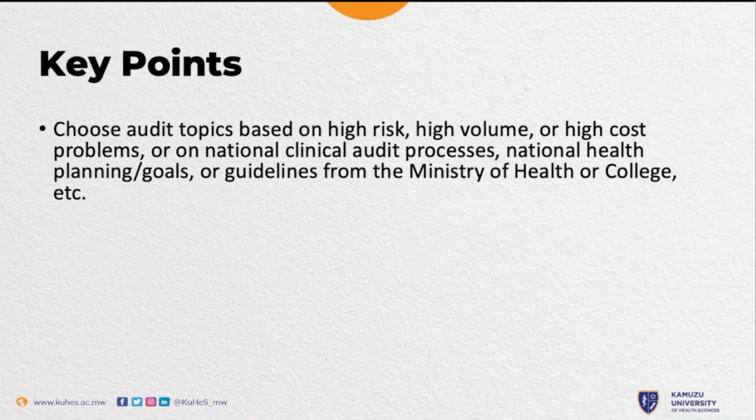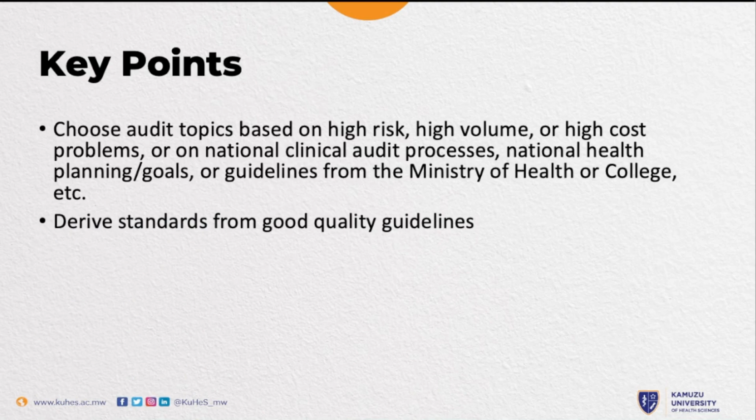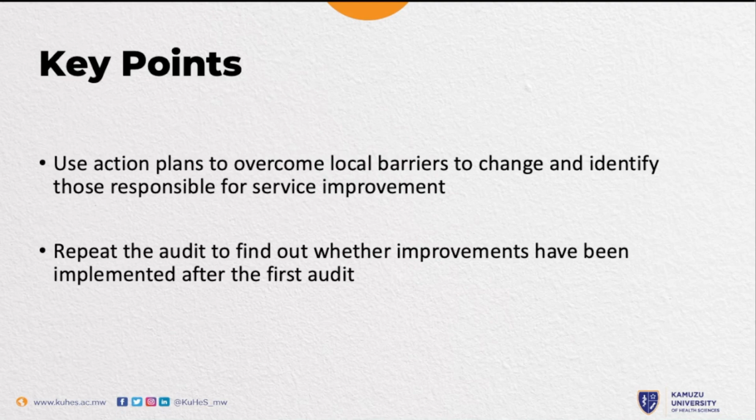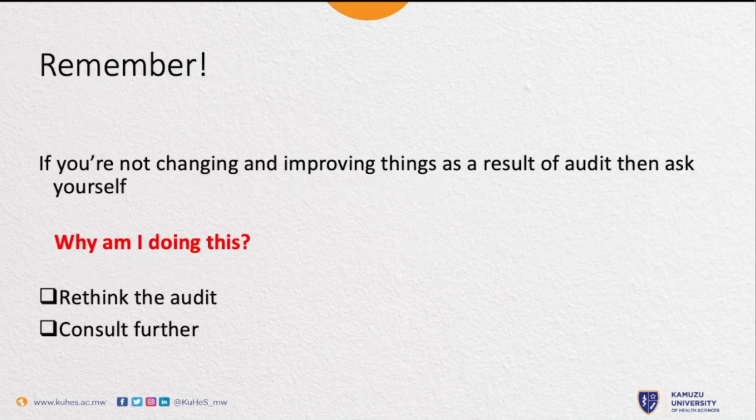So the key point is to choose your topic based on the points that I highlighted earlier, and find standards of good quality, and also remember all the stages, the steps that I've said, and use action points. Repeat the audit to find whether there is improvement or not.